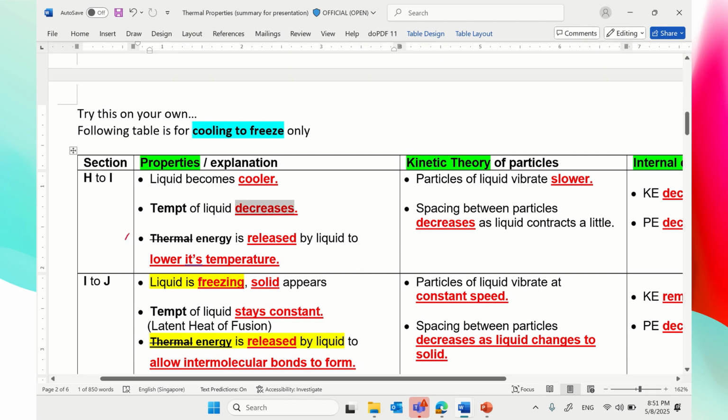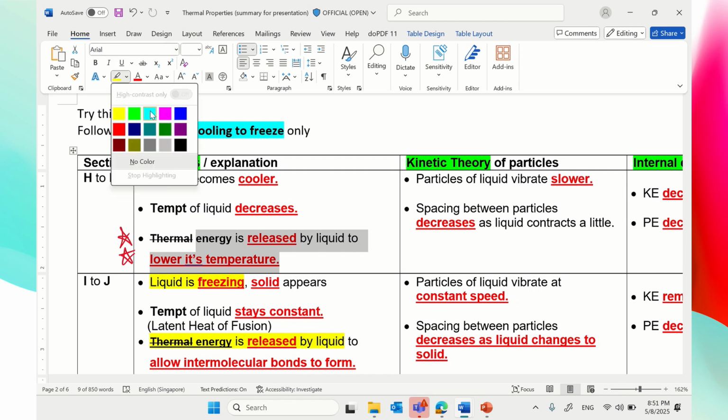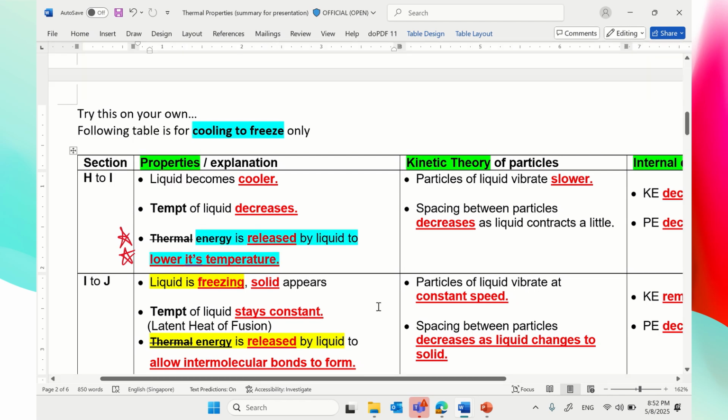You may want to mark 2 stars. Highlight this point, please. Energy. Why is temperature decreasing? Because energy is released to lower its temperature.